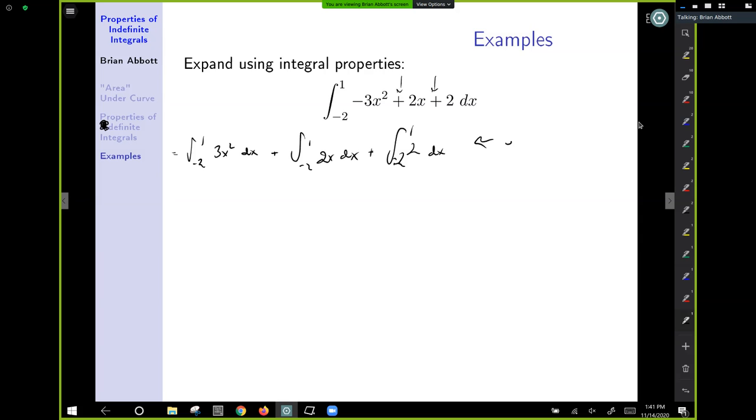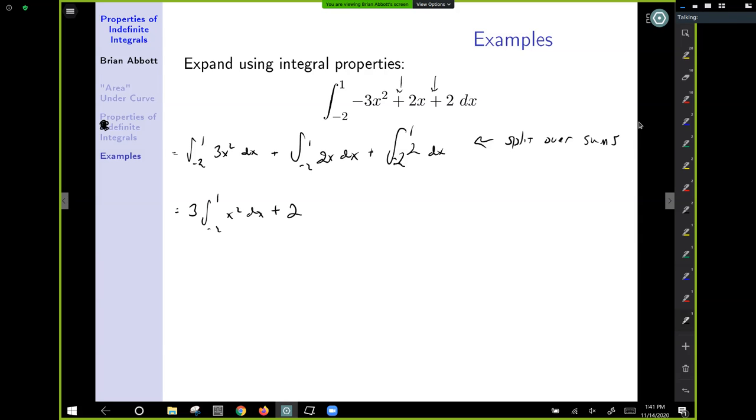So here we split it over the sums. Sums and differences are the same thing, so I'm just going to say sums. And you know what else we could do? We could pop those numbers out front. I could pop that constant 3 out in front, so we get 3 times the integral from -2 to 1 of x squared, and then we know how to do that with our power rule.